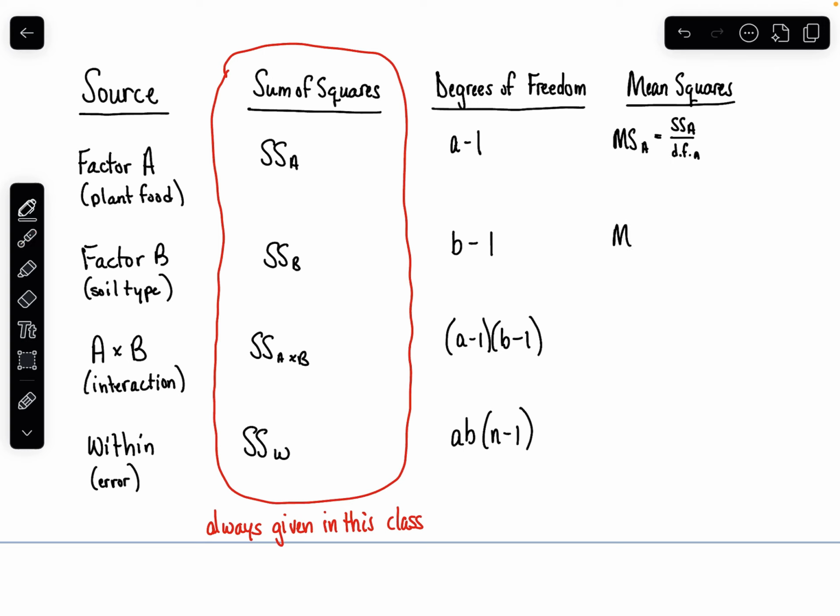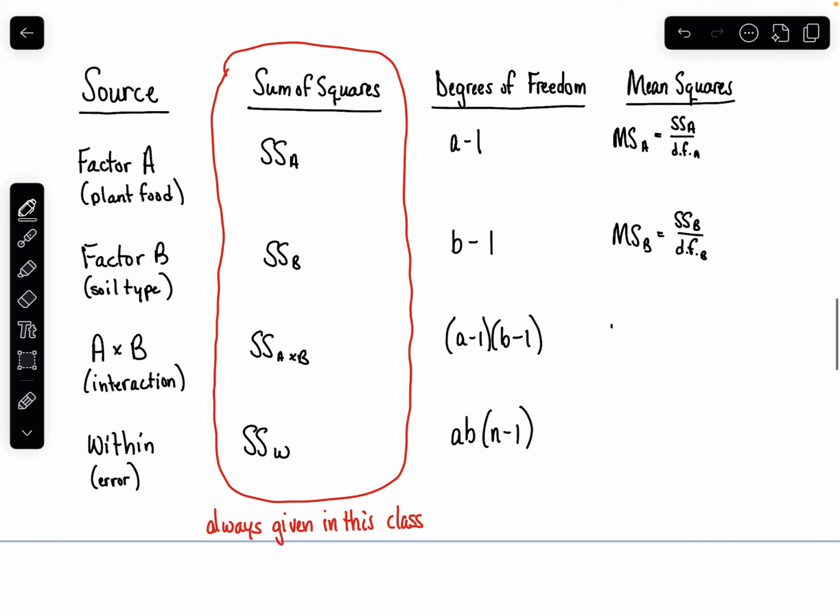Same thing for factor B. The mean squares for factor B would be the sum of squares for factor B over the degrees of freedom for factor B. The mean squares for A cross B would be the sum of squares for A cross B divided by the degrees of freedom for A cross B. And the mean squares within the samples would be the sum of squares within over the degrees of freedom within.